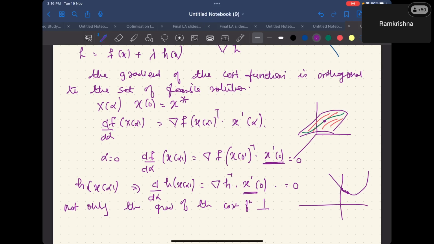Then this space will just be like the tangent space to that, right? So what we see is that this expression means that the gradient of the cost function should be perpendicular to a vector from the tangent space.